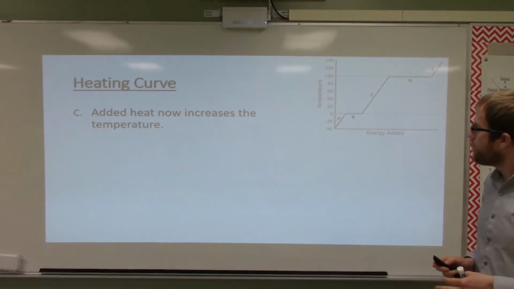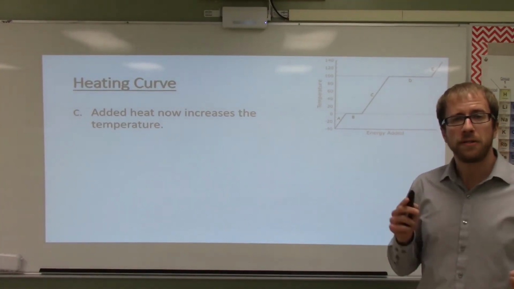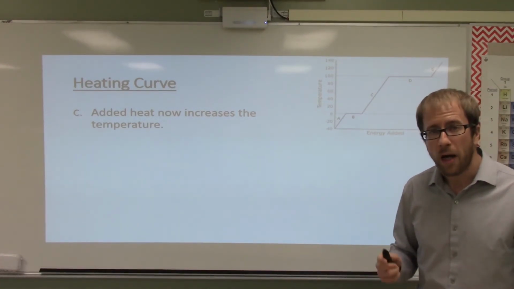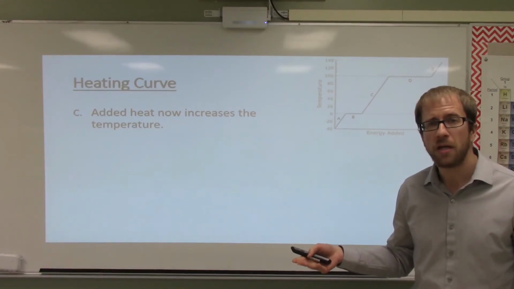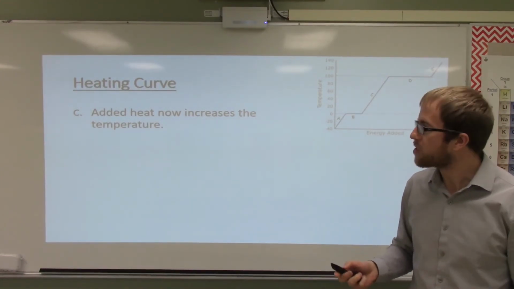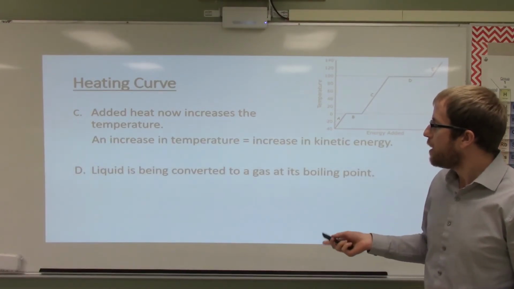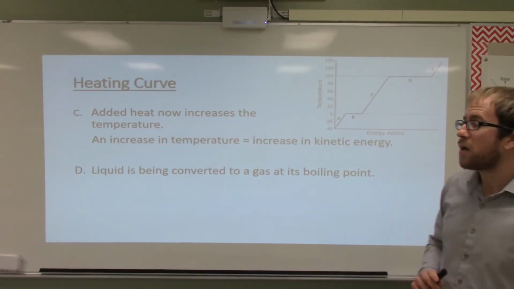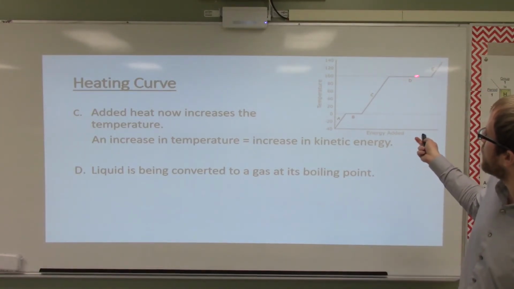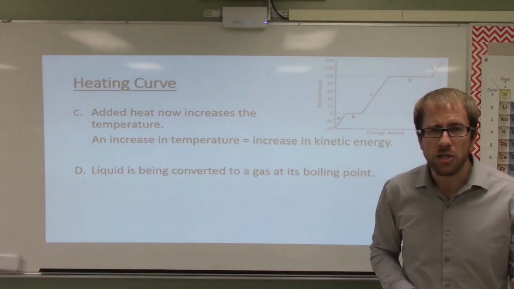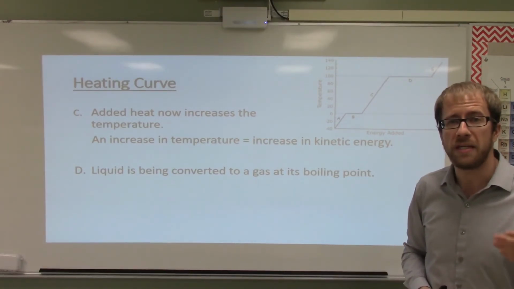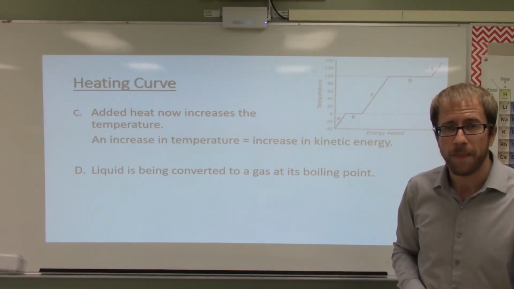Now in C, we have now melted our solid. It's all liquid, so adding energy will now again increase kinetic energy, and those particles will move faster and faster and faster and faster until again they reach a point where the kinetic energy doesn't increase anymore, right? Right here where it doesn't increase anymore, where that energy is now being used to break apart the interactions that hold it together as a liquid.